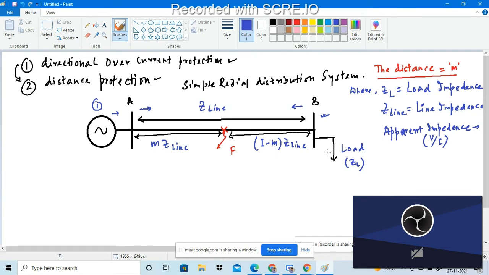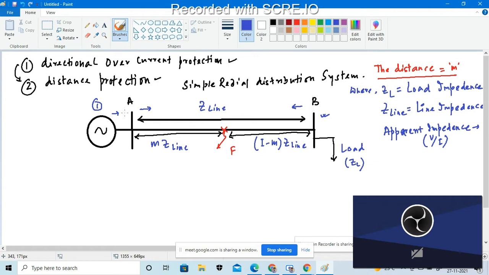Due to a transformer failure, some fault may appear in this section. We don't know in which direction it will come, so that is why we need to calculate the distance of the fault location, as well as the apparent impedance of the particular line, depending upon the load impedances, right.